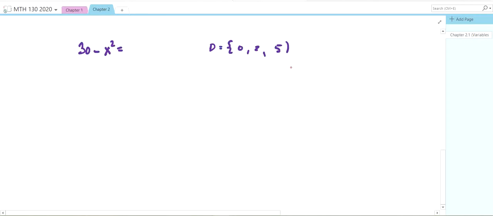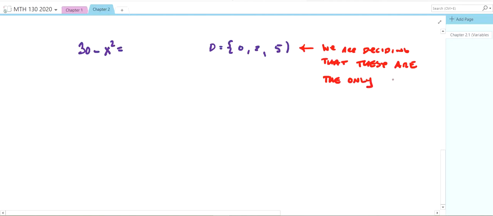So we are deciding, pretty much arbitrarily, that these are the only x values allowed. Okay?